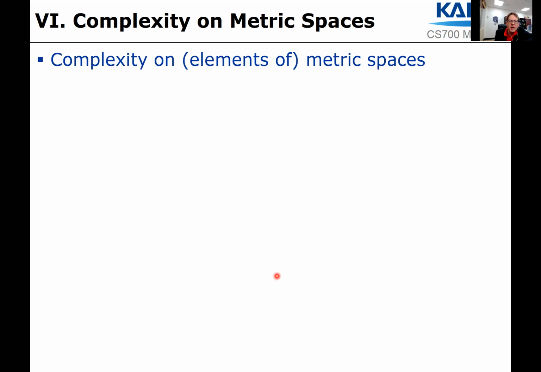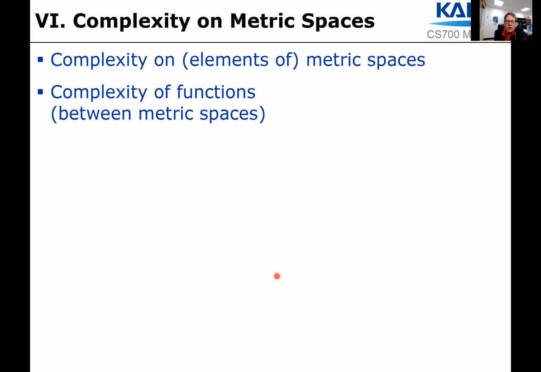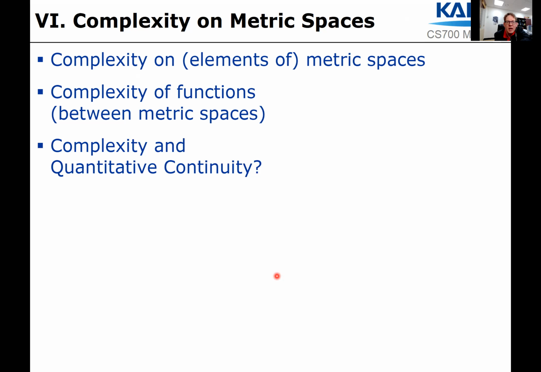We would define the complexity of single elements on such an abstract metric space, the complexity of functions between metric spaces, and raise the question whether our connection between computational cost and quantitative continuity from the real case carries over to metric spaces.